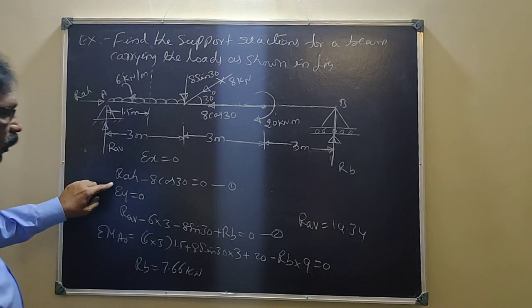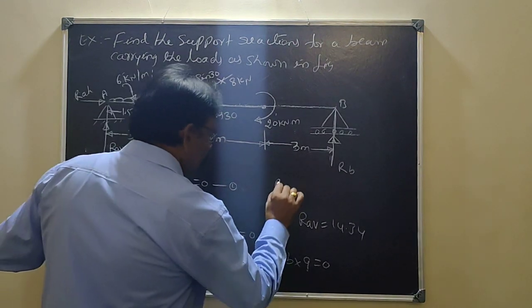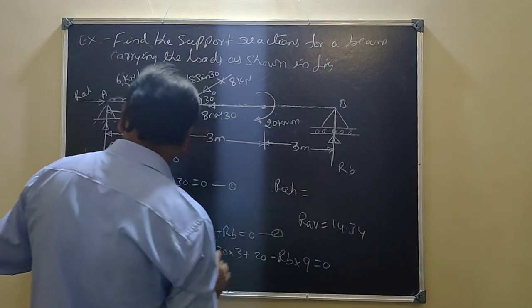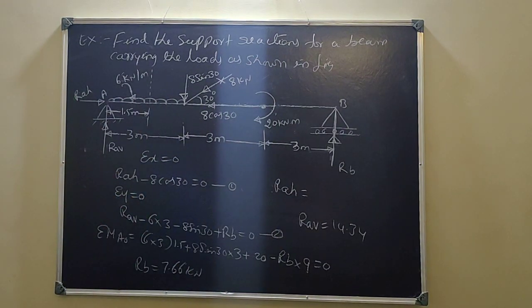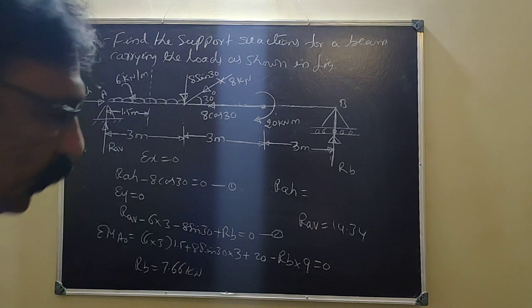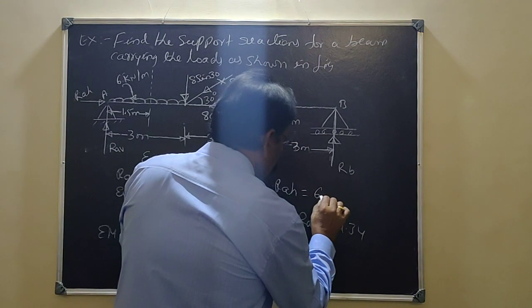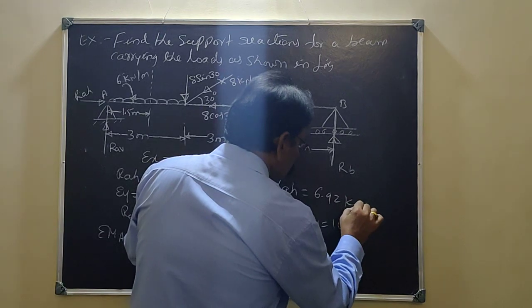And then RAH, again from the first equation, will be equal to 6.92.